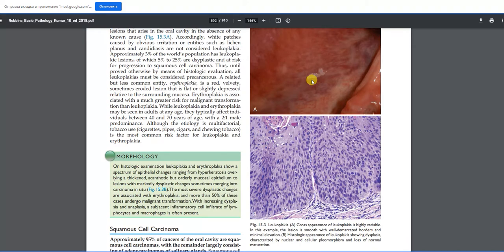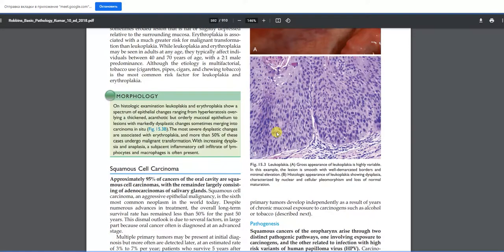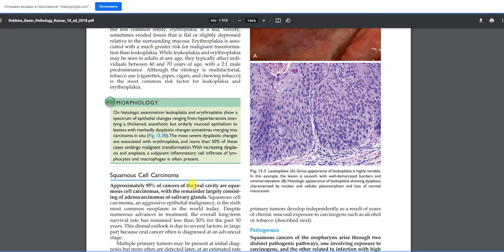Some of these might be due to a lesion, might be due to genetic changes. So it leads to metaplasia or dysplasia of the epithelium with the formation of stratified squamous epithelium in the oral cavity. It is a predisposition for squamous cell carcinoma.